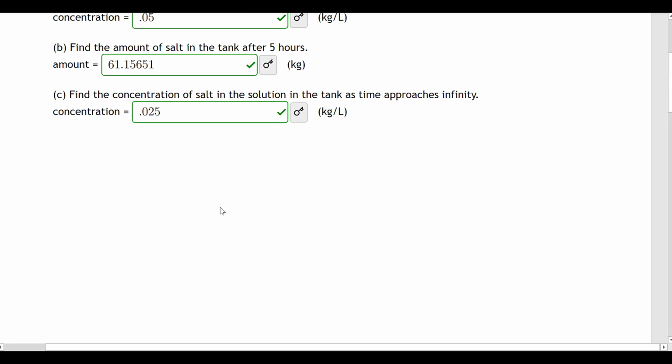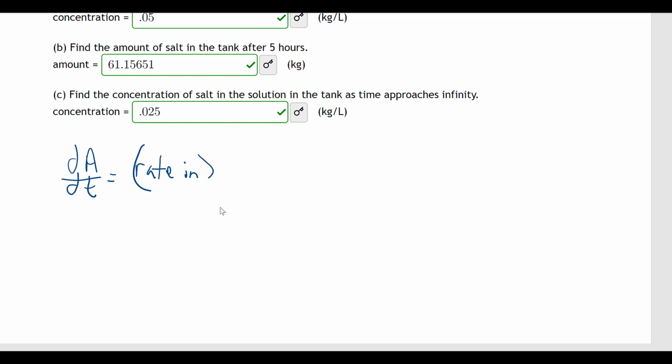So essentially, if we let A be the amount, we're looking at dA/dt is equal to the rate in minus the rate out. The rate out is a little bit tougher to get.